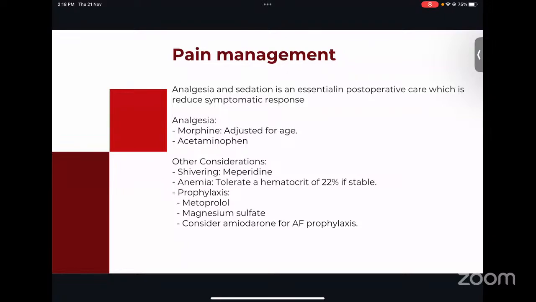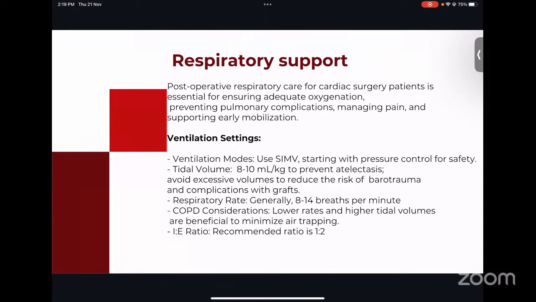We will give acetaminophen. If the patient has shivering, we will give meperidine. If the patient has anemia, we will tolerate a hematocrit of 22% in a stable patient. Other prophylactic medications such as metoprolol and amiodarone are used for atrial fibrillation prophylaxis.